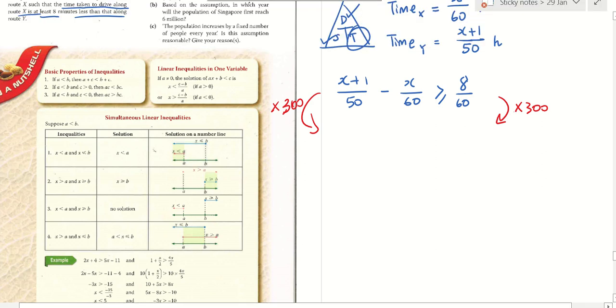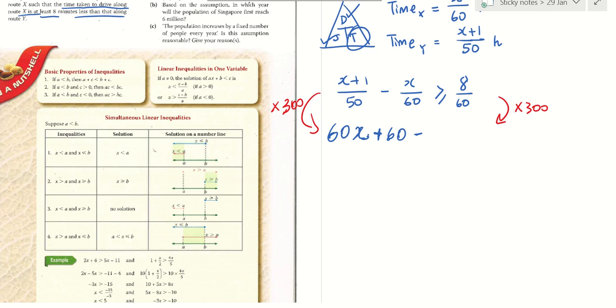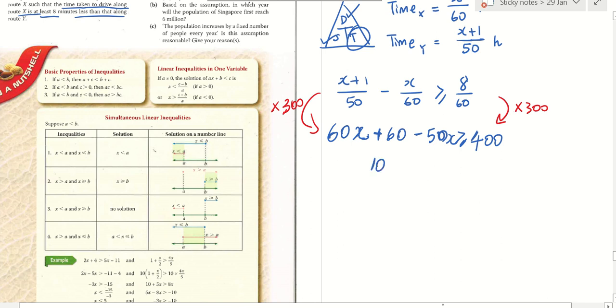Okay, so multiplying by 300, I get 60x plus 60 minus 50x greater than or equal to 400. Sorry, minus 50x here. So on the left hand side, we have 10x.